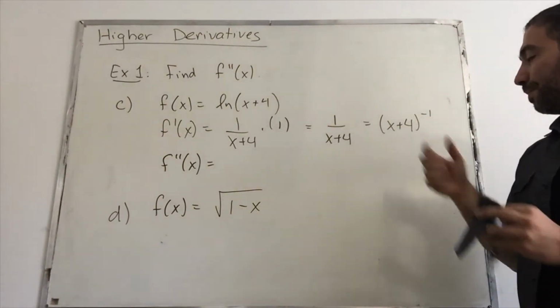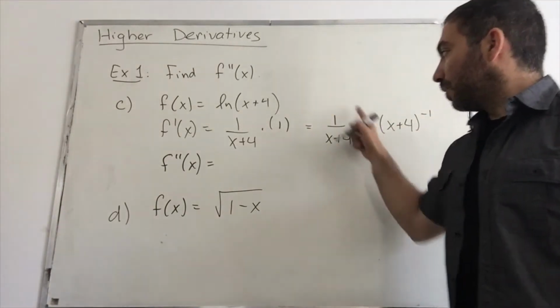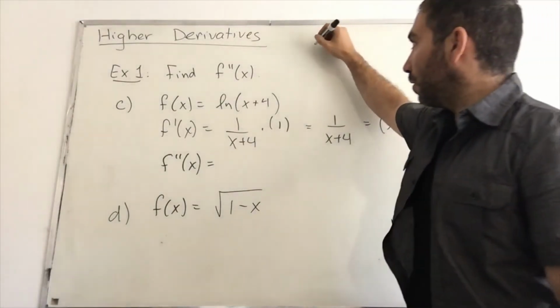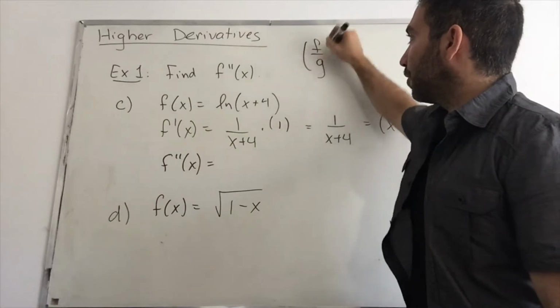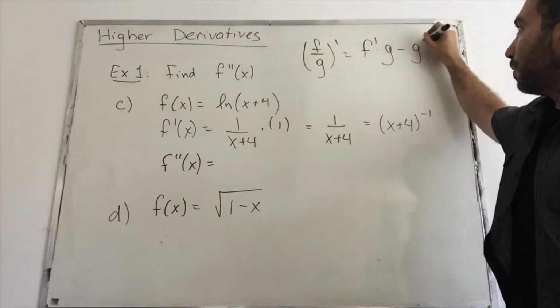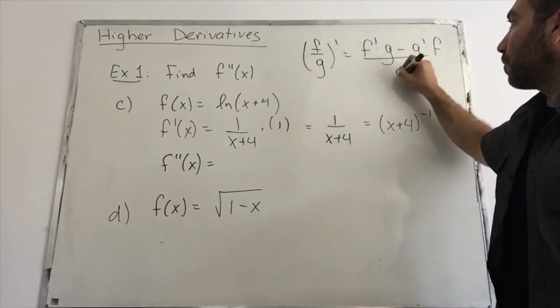So let's do it using the quotient rule, because we have the fraction here. So just remember, for quotient rule, if we have a division of functions, it's the derivative of the top times the bottom minus the derivative of the bottom times the top, over the bottom squared.